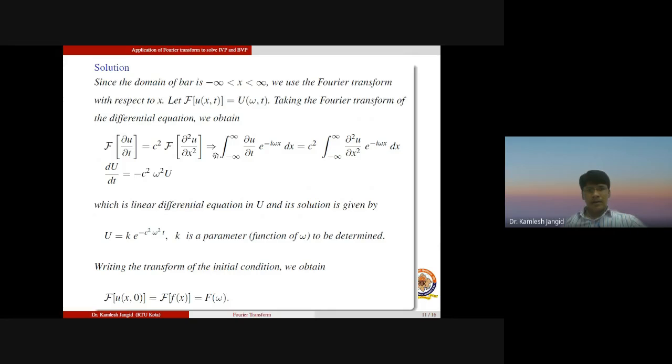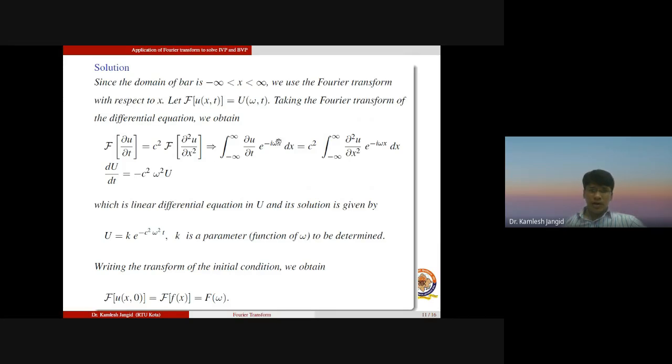Now, by the definition of the Fourier transformation, this implies that the integral from minus infinity to plus infinity of ∂u/∂t times e^(−iωx) dx equals c² times the integral from minus infinity to plus infinity of ∂²u/∂x² e^(−iωx) dx, because we are taking the Fourier transformation with respect to the variable x.